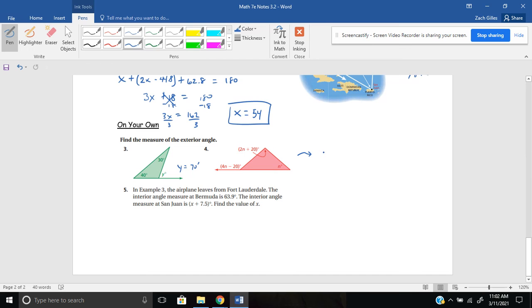You should arrive at 140 degrees. If you don't know quite how to do that, let me know, and I'll be glad to help you work it out if you didn't get that answer. And then lastly, just change up a little bit some of the numbers from example 3. And if you did that correctly, the value of x, you should get 54.3 degrees.